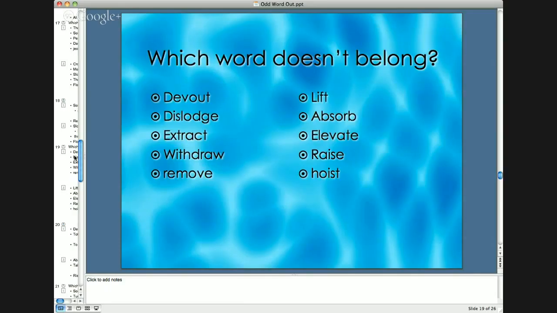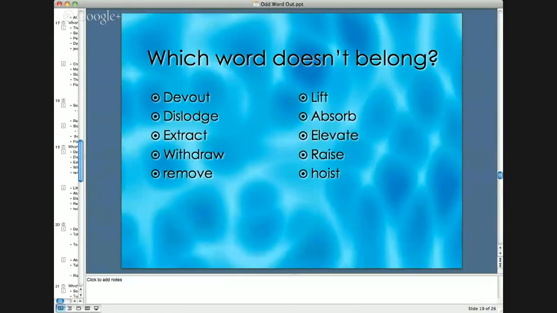What about the next one? Lift, absorb, elevate, raise, hoist. Well, we know what lift is, right? To lift something up is to raise it up. So we know lift and raise go together. Elevate is similar to an elevator, right?